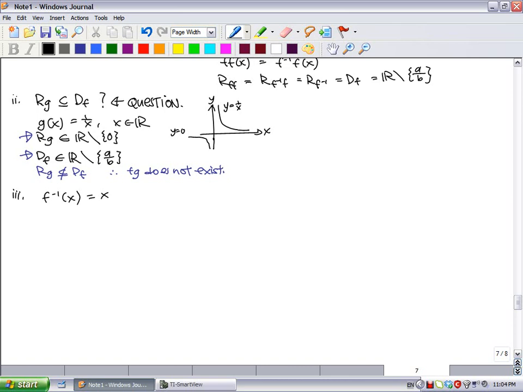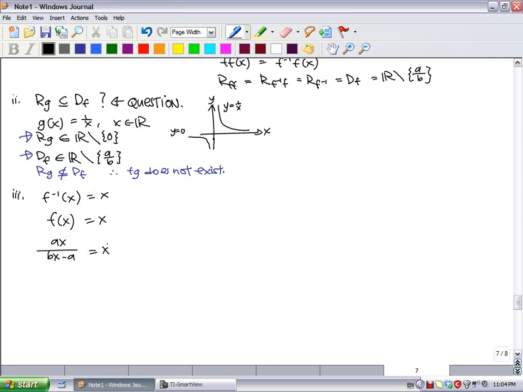Remember from the earlier bit, f is its own inverse, so f inverse of x is actually the same as f of x. F of x has been given to you: ax over bx minus a equals x.